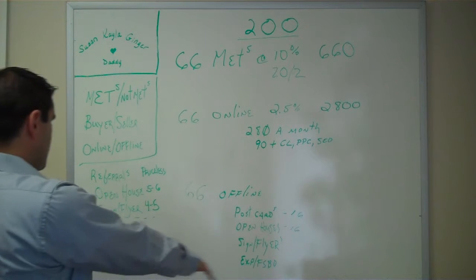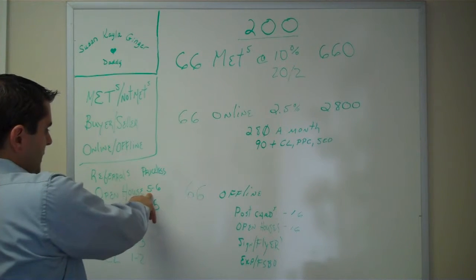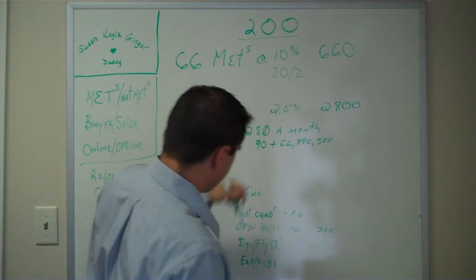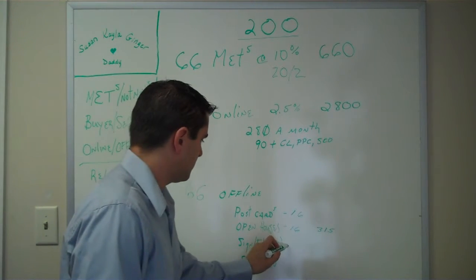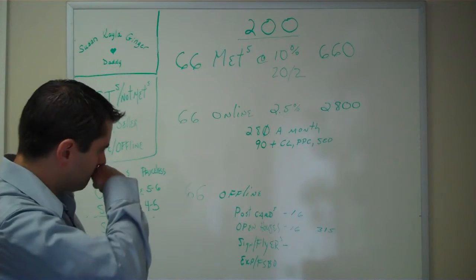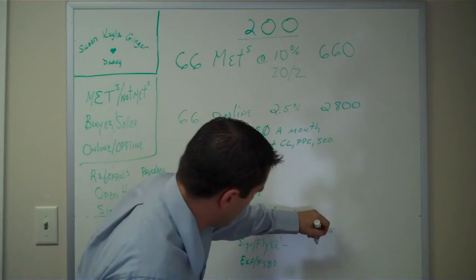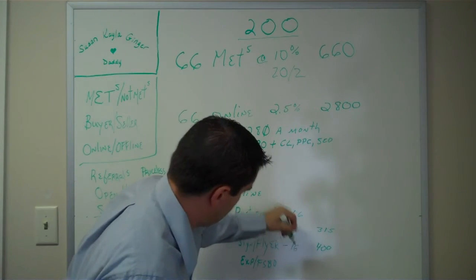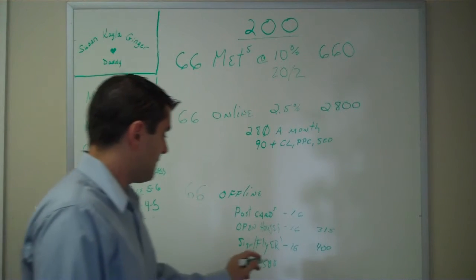16 closings from open houses would be at a 5% conversion. So you need about 315 open house leads. Sign-in flyer calls will use the 4%. So to have 16, at 4%, you need 400. Sign-in flyer calls, expires and FSBOs.